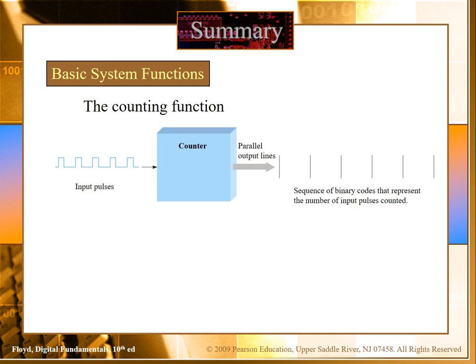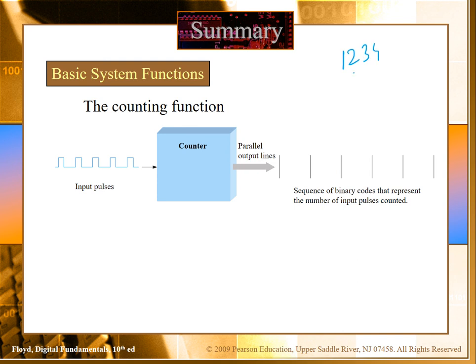Another very important example for the implementation is the counting function. Counting function is like, for example, you are using a stopwatch. You just start the stopwatch and it starts counting like 1, 2, 3, for every second.